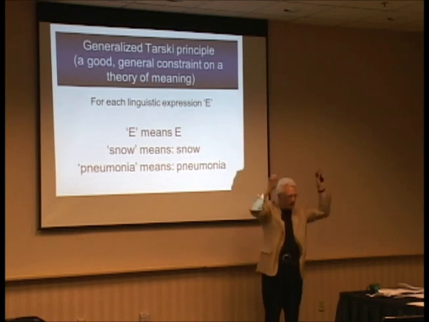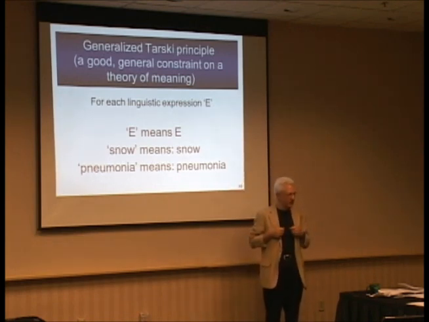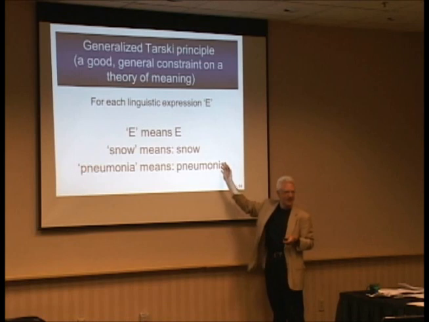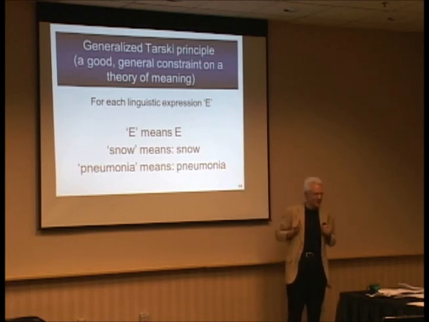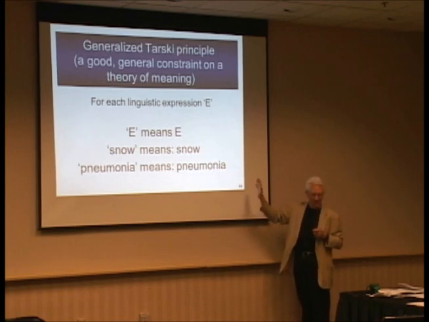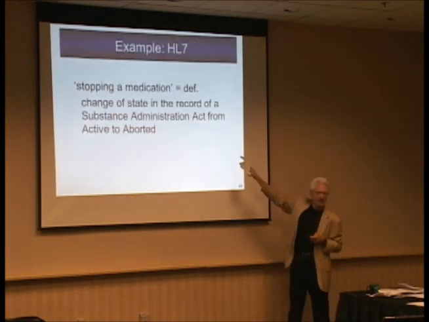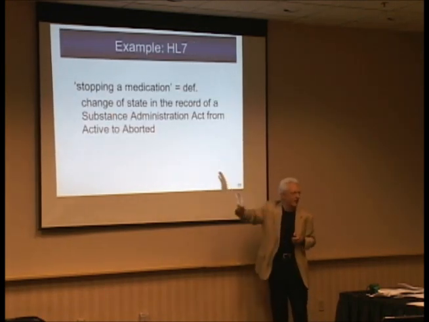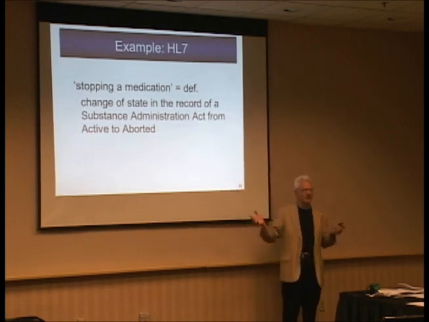So dog means dog. Atlanta means Atlanta. It always works. Now you would think snow means snow. You would think that people would never ever break this rule. But this is everywhere in HL7. In fact, everywhere in data modeling.